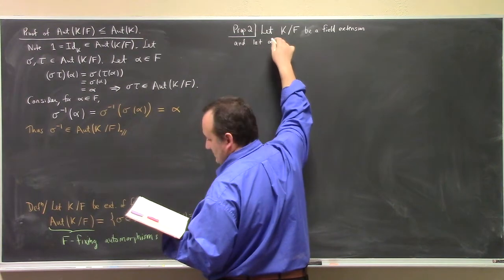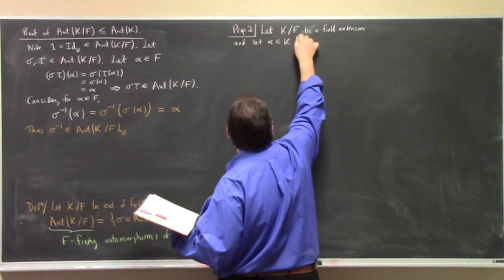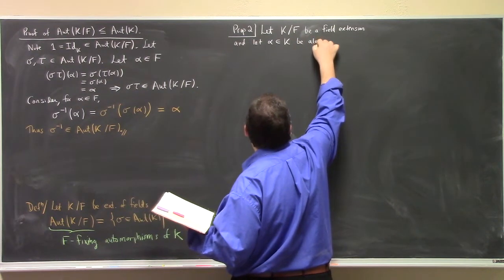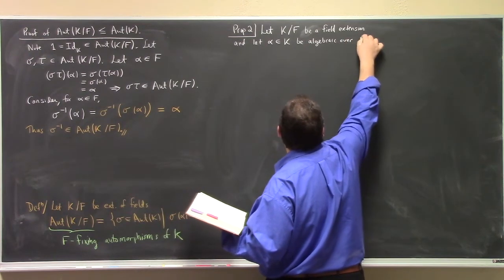Let alpha, an element of K, be algebraic over F, all right?